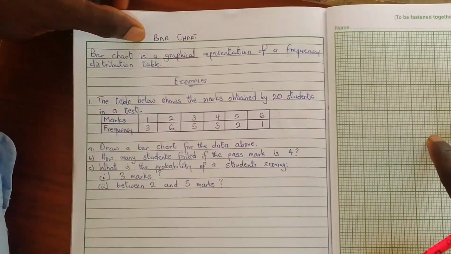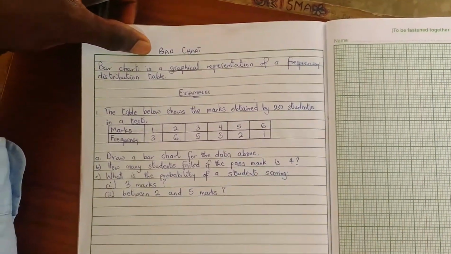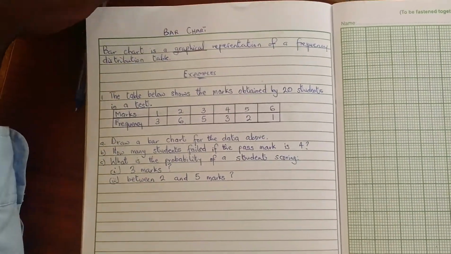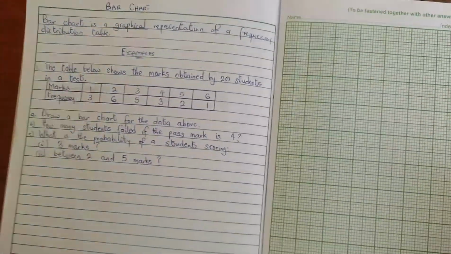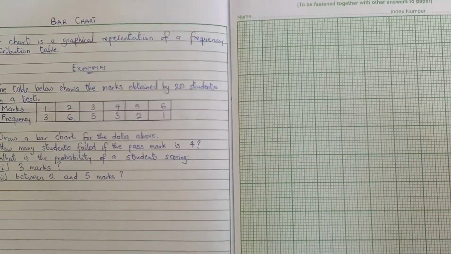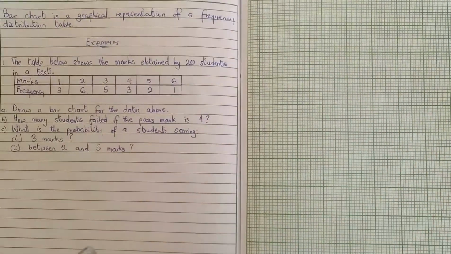And on the graph sheet, we can see that we have thick lines and thin lines. We have to know the differences between these thick lines and thin lines on the graph sheet. So the first thing that we are going to draw is our axes, which are the vertical and the horizontal.